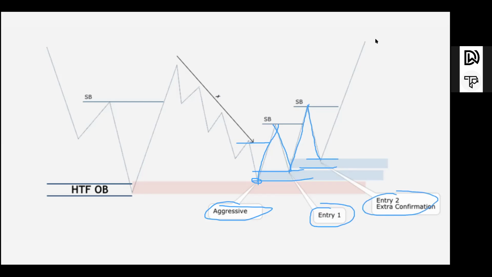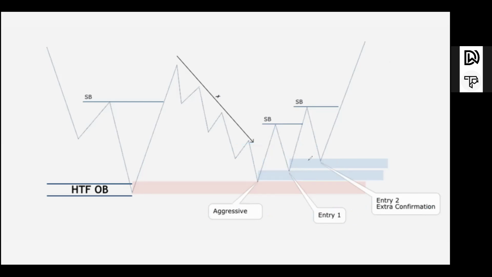So just note that you will not always get the second entry, and sometimes you will get it every day of the week. We can't predict how it will play out and what will happen exactly, but we can anticipate and see how price moves. So if we're seeing price creating this type of structure, it's coming back and it's not just exploding towards the upsides, then we might see, okay, we have another chance to enter this trade.